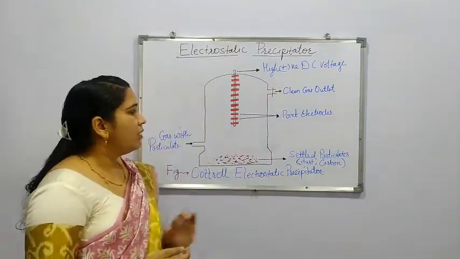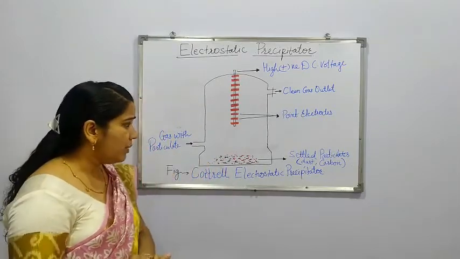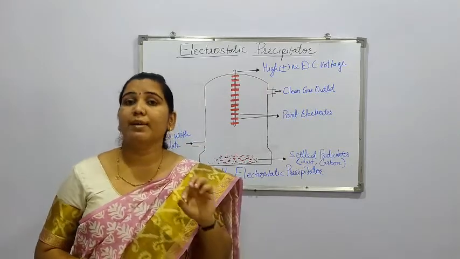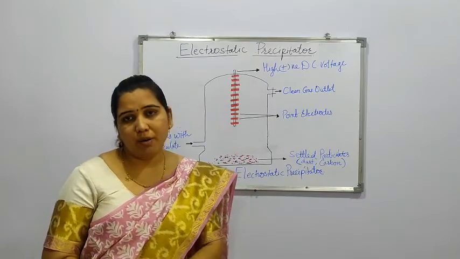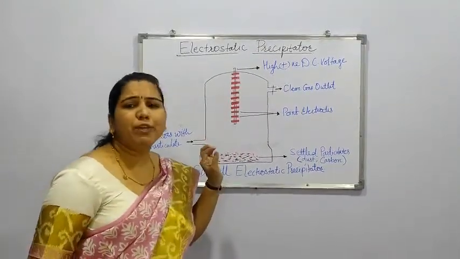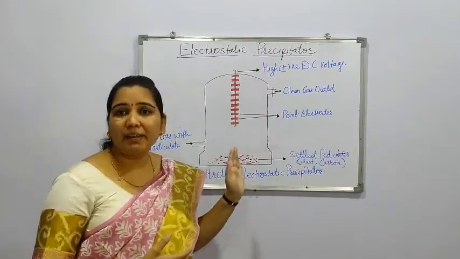Now, after that, there are different advantages of this precipitator, as it removes impurities or particulates of more than 0.1 micrometer size. It is very efficient at removing particulates. It does not have a high maintenance cost.